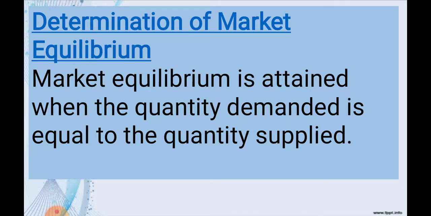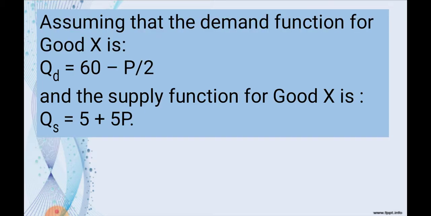Determination of market equilibrium. Market equilibrium is attained when the quantity demanded is equal to the quantity supplied. Assuming that the demand function for good X is Q sub D, or QD, equal to 60 minus P over 2, where P is the price.